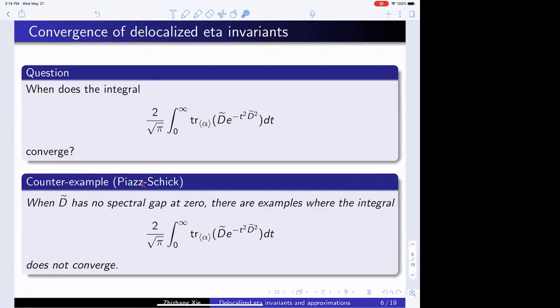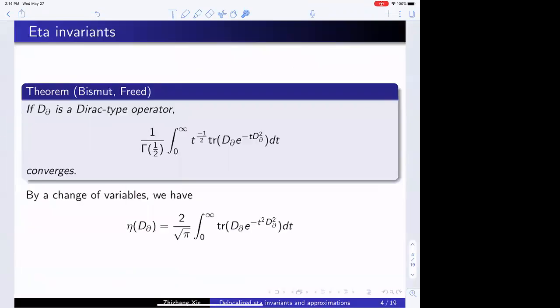Now, there is a difference between the convergence of the delocalized eta invariant and the classical one. In the classical one, when t goes to infinity, if you look at this term right here, because it's on a closed manifold, there's actually no issue.